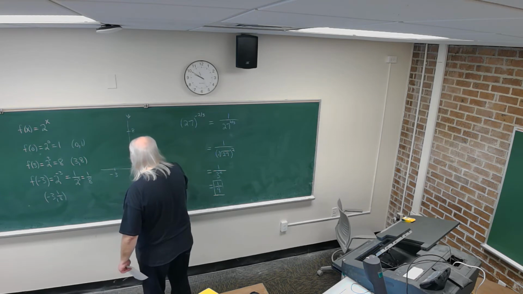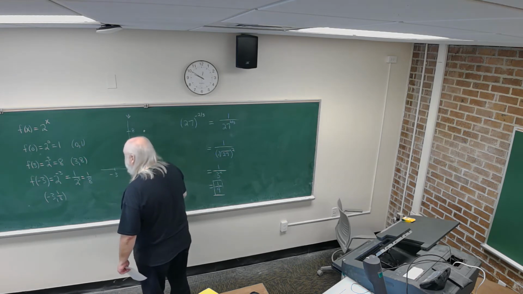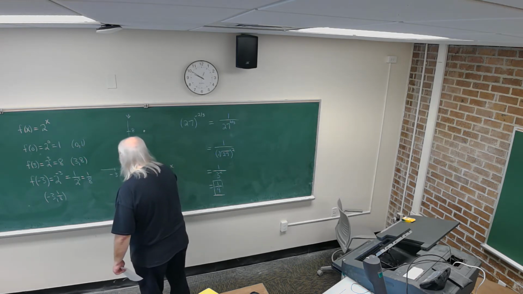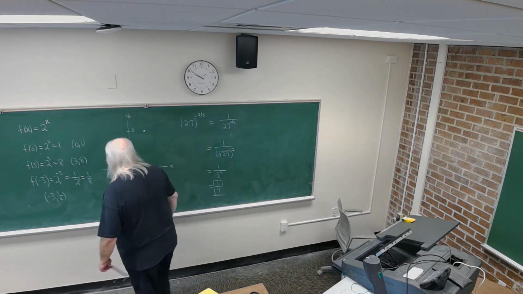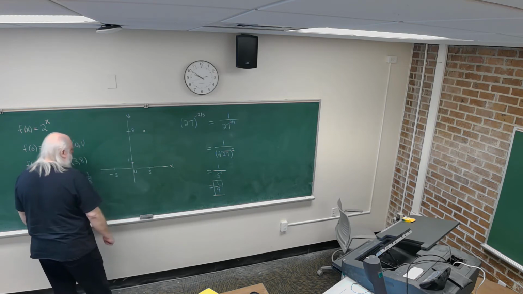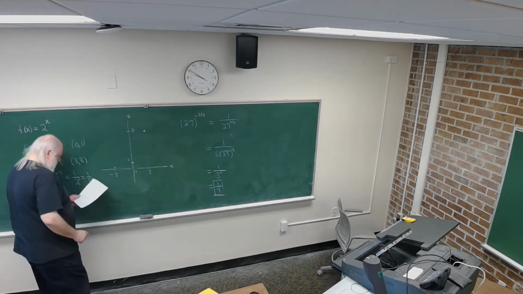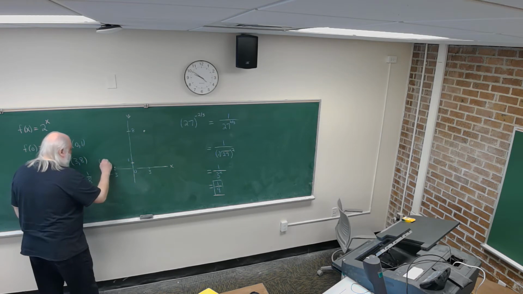So the point (3, 8) is on the graph, which is up here. The point (0, 1) is on the graph, which is down here. And the point (-3, 1/8) is on the graph, which is just above the x-axis right here.